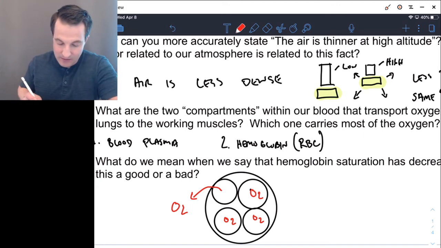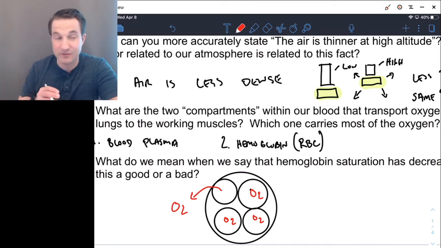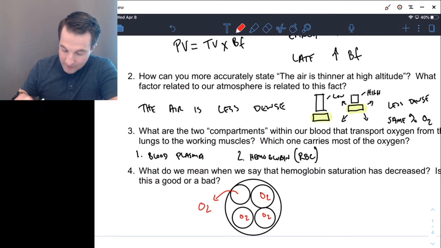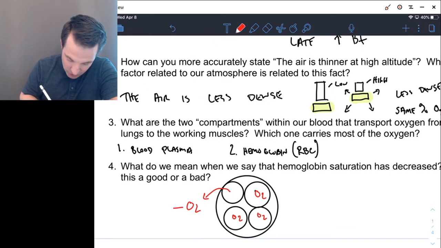So what that means is that some of those oxygen units from our red blood cells are going to be moving off, about 30%, or about 28% if we start with 98% saturation. So what that means is 28% of those oxygen units are going to the muscle.